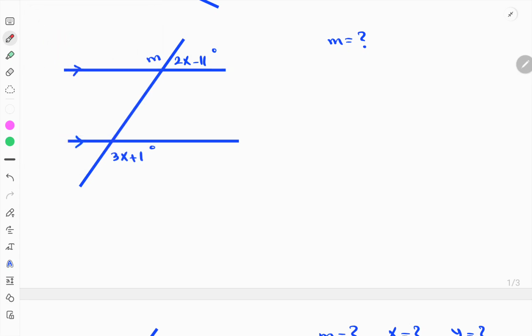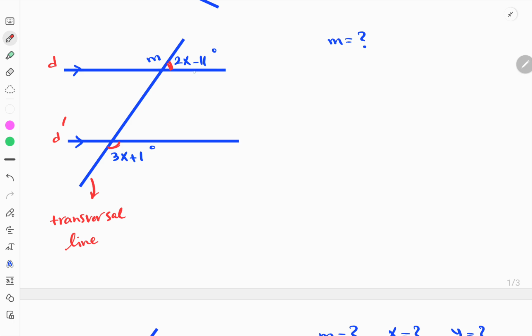Okay, as you can see, we have two parallel lines, D and D prime, and this is a transversal line. In this situation, this angle 2x minus 11 degrees and this angle 3x plus 1 are supplementary angles, which means that these angles add to 180 degrees.